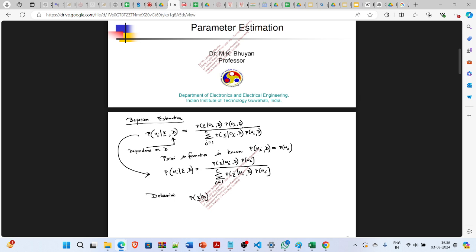So it is not dependent on wi, and that is a constant for the differentiation that we are about to do.